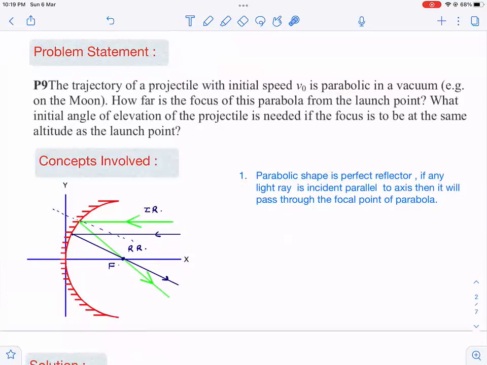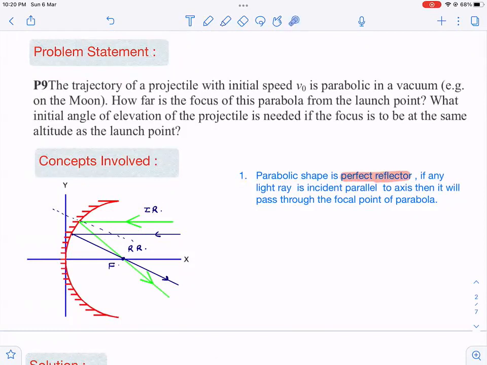If angle of incidence is very, very small, right? But no such condition for parabolic reflectors. So you can have a light ray here or here. It might be very close to the optical axis, or it might be very far from the optical axis also. So that is why the word perfect reflector, right?